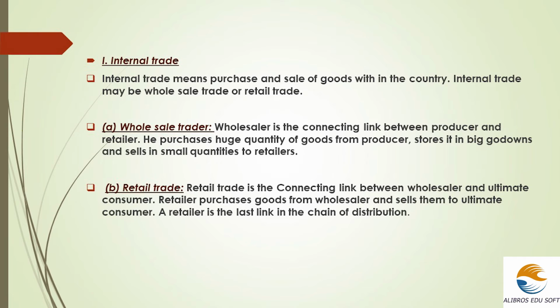The difference is that the purchasing between the producer and wholesaler is of bulk nature, and the selling between the wholesaler and the retailer is according to the requirements, which is of retail nature. First is of wholesale nature and the second is of retail nature.